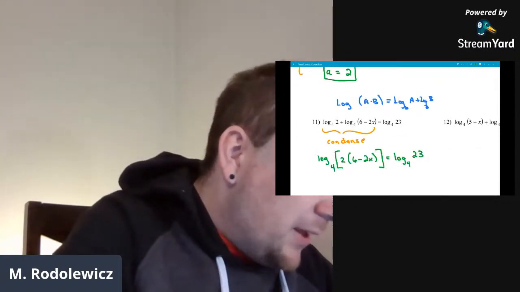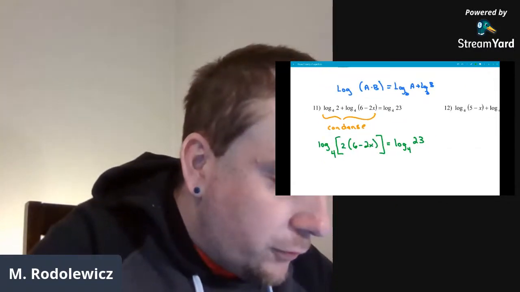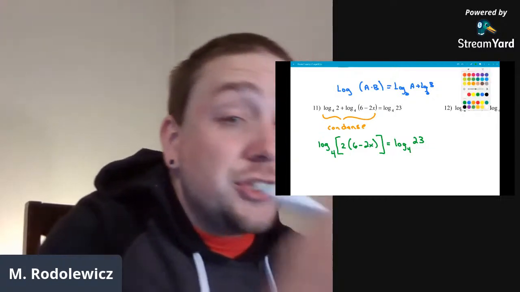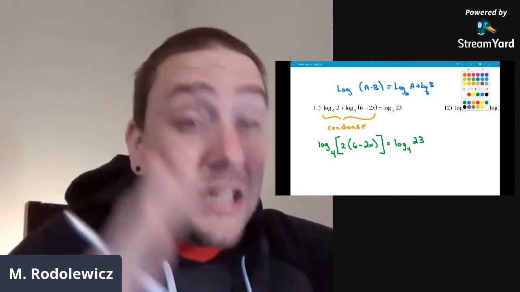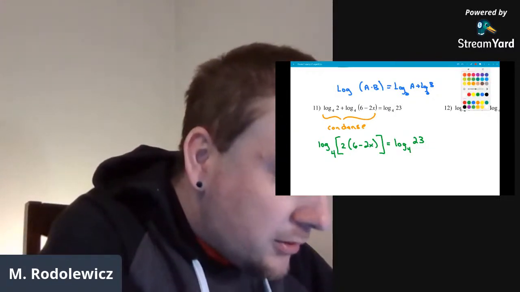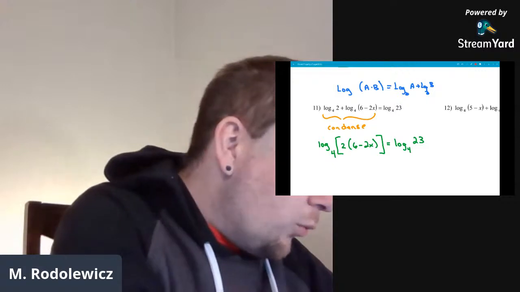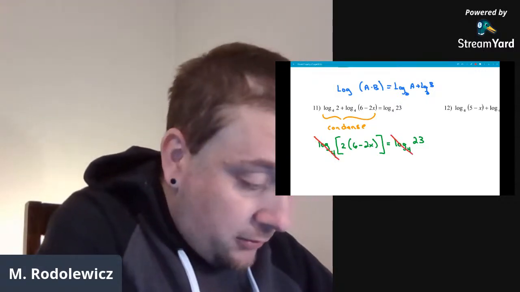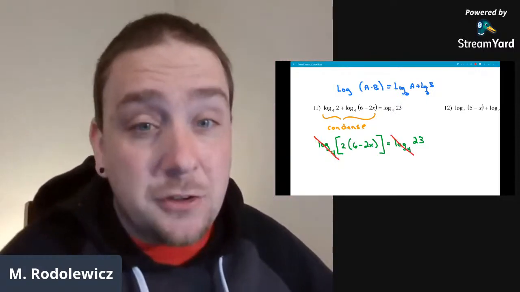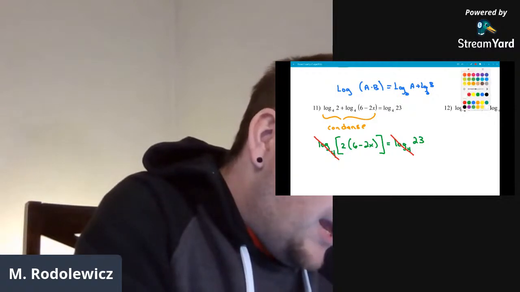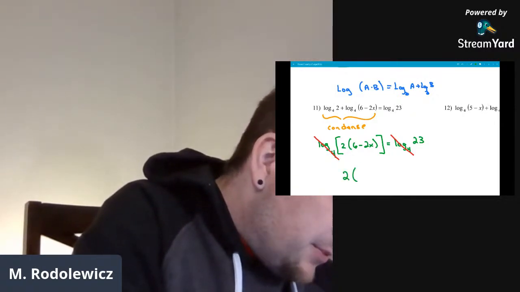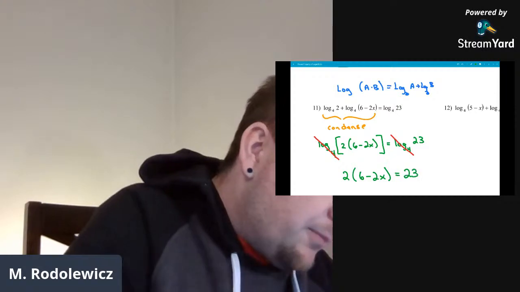We have a log base 4 equal to a log base 4. So now that there's just a single logarithm equal to another identical single logarithm, we can cross these out. Now it's legal to do it. So what remains? 2 times 6 minus 2x equals 23.